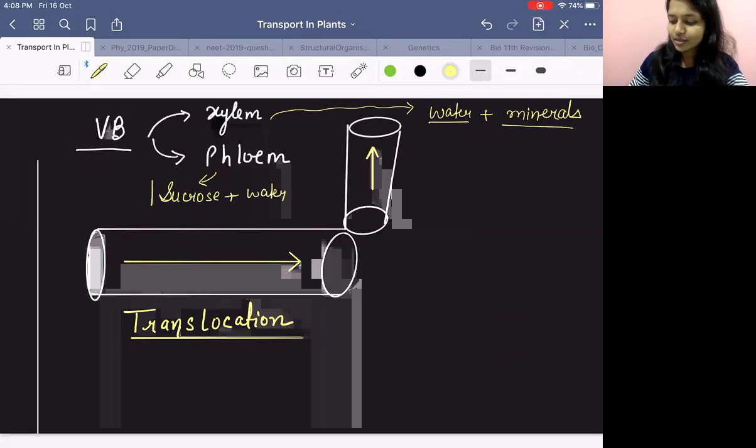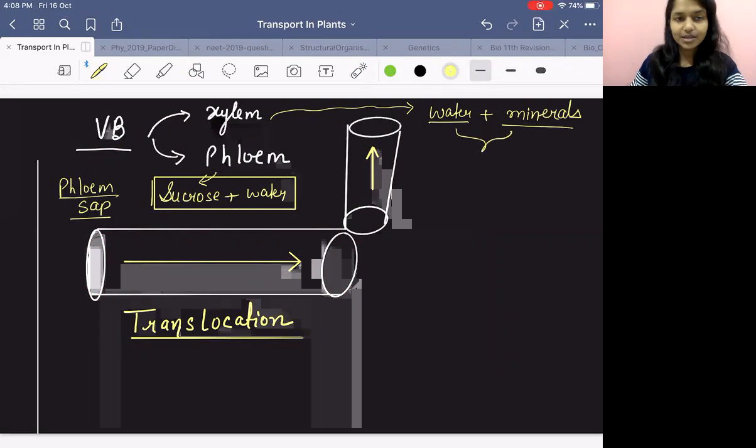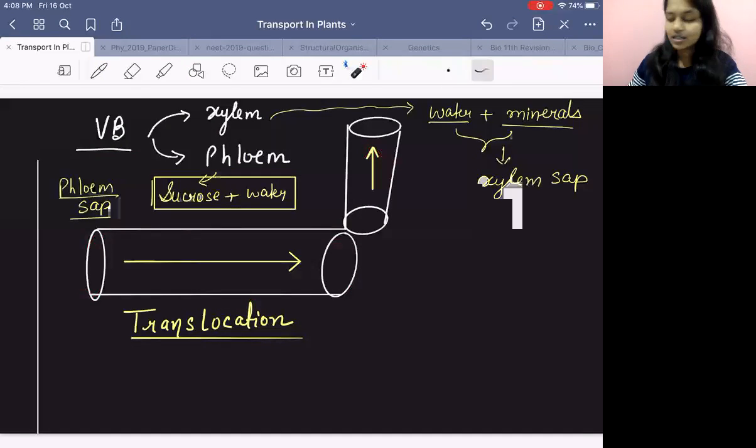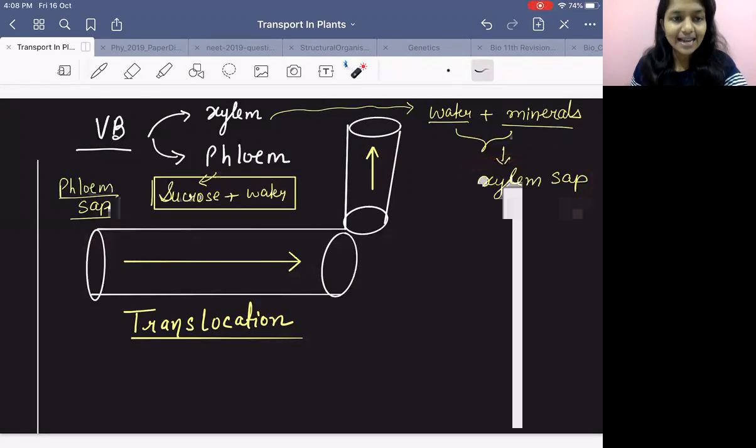Sucrose will be mixed with water and you call it phloem sap. When water is mixed with minerals, you call it xylem sap. So for now, our interest is in xylem sap, how xylem sap is getting transported.